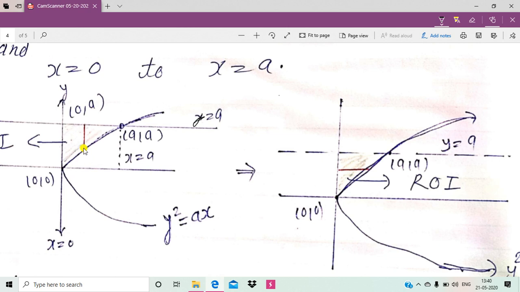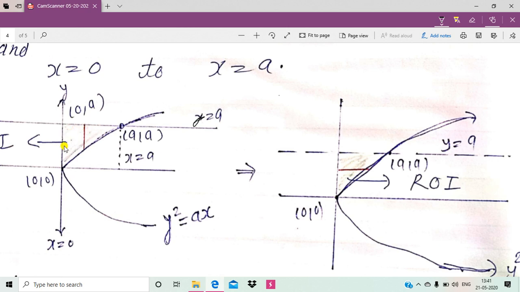So the lower limit of y will be y is equal to root ax up to y is equal to a, and the distances are from x is equal to 0 up to x is equal to a, since the intersection of y is equal to a and the parabola y square is equal to ax will be (a, a). So the first vertical strip will start from here and the last strip will be here.